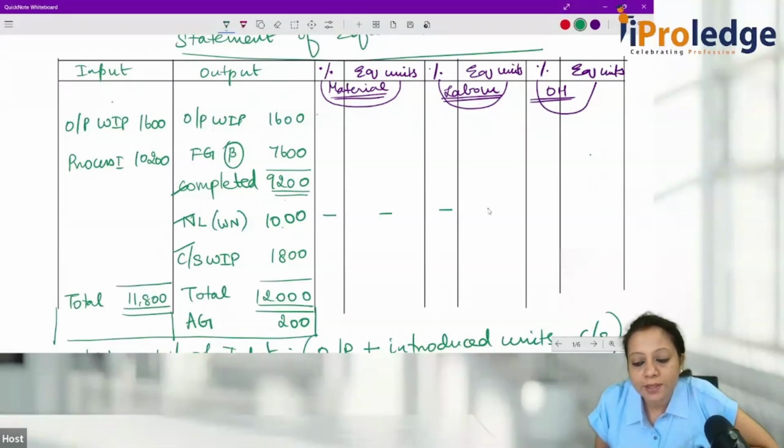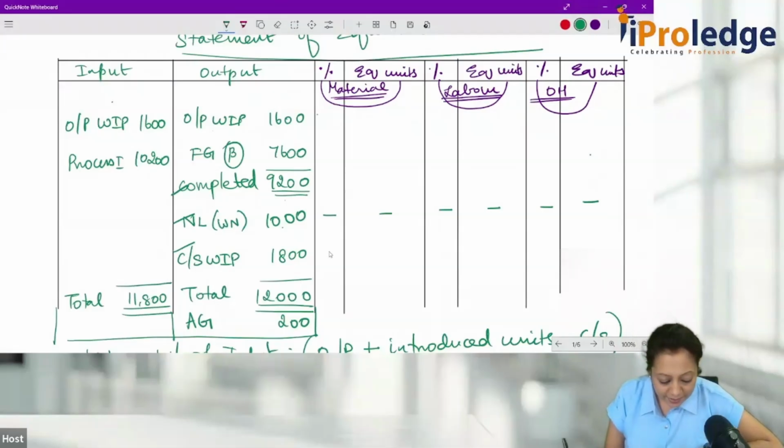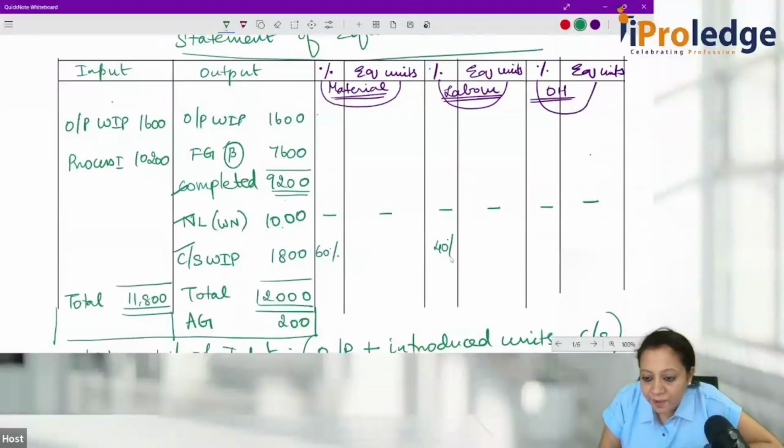Normal loss, obviously there is no percentage of completion, so we will take it as nil always. Okay. Now I will come to closing WIP. It's given in the question that it is 60%, 40% and 40% as far as material, labor and overheads are concerned.